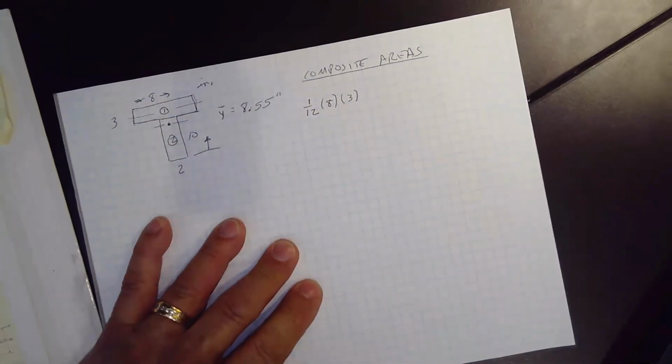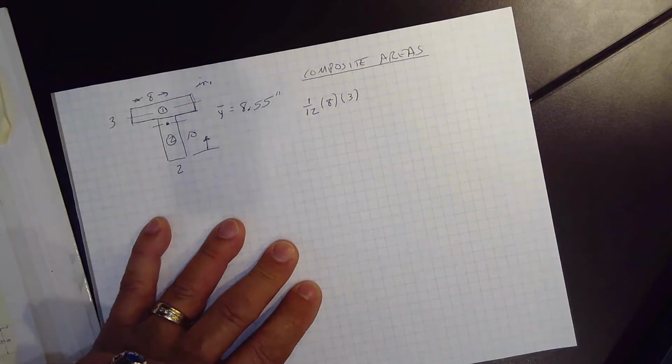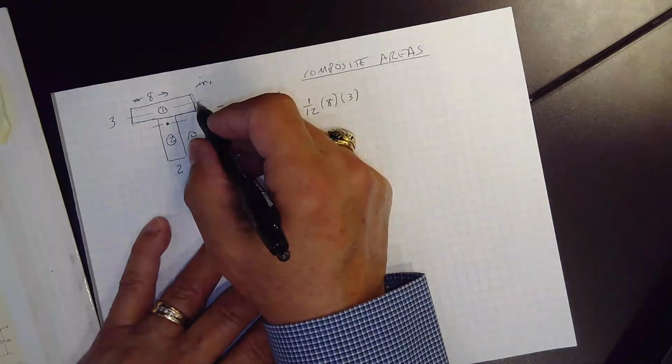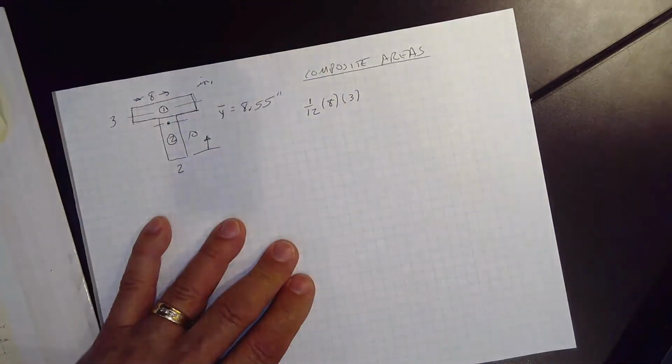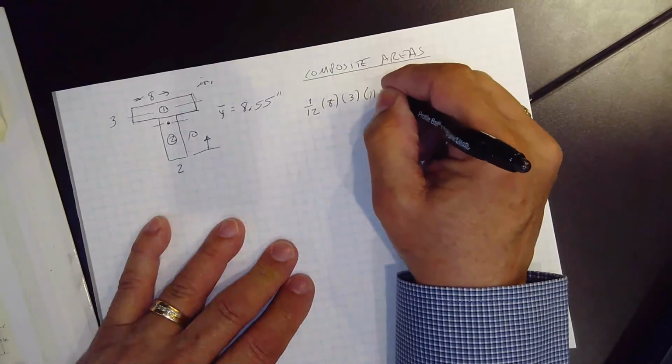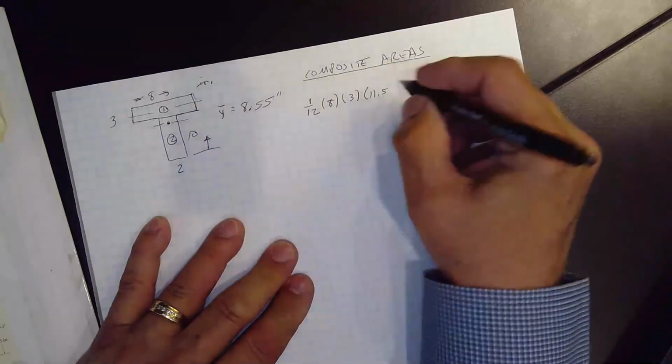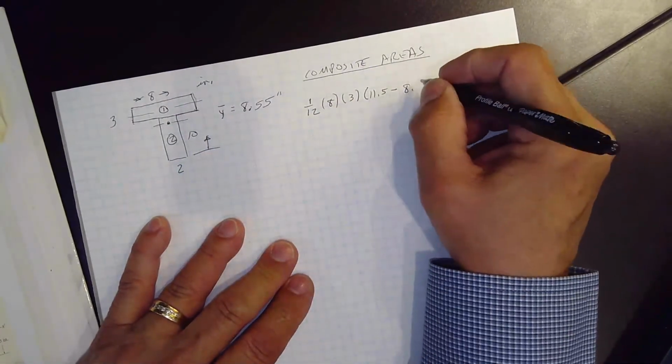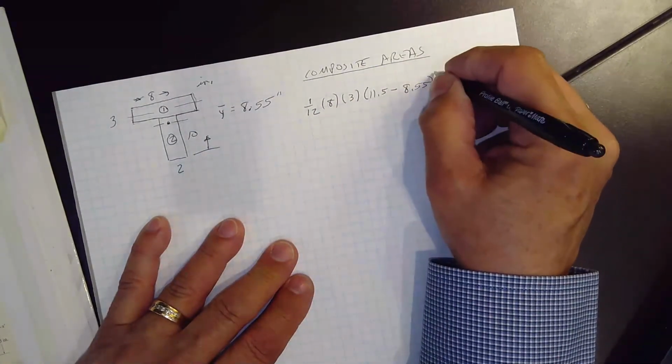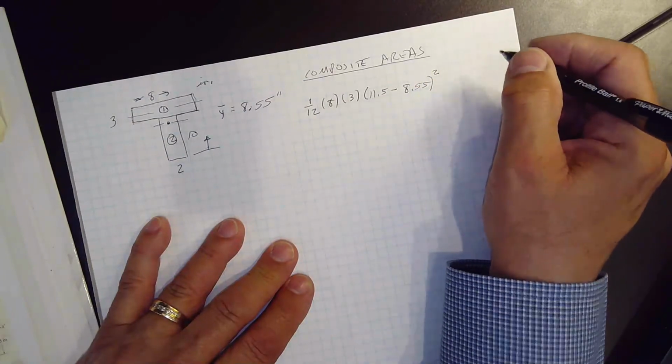We have to move it to the centroid. How far is it to the centroid? Well, this is at 11.5, and this is at 8.55, and it's squared.